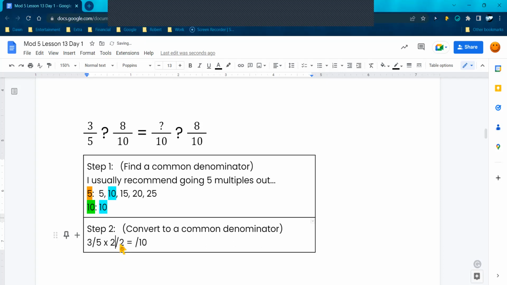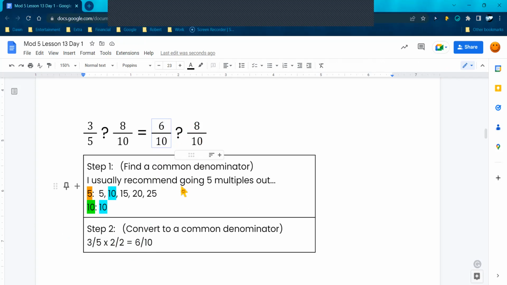So because there's a 2 in my denominator, I have to put a 2 in my numerator. Remember, 2 over 2 equals 1. Now I take the numerator of the 3/5 and multiply it by the numerator of the 2 over 2. So 3 times 2 equals... yes, it equals 6, you guys. So I'm going to take that 6 and come up to the equal sign to where my question mark is, and I'm going to write 6. So I'm going to have 6/10 and 8/10.